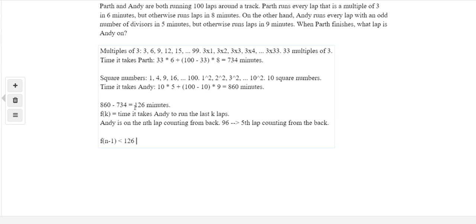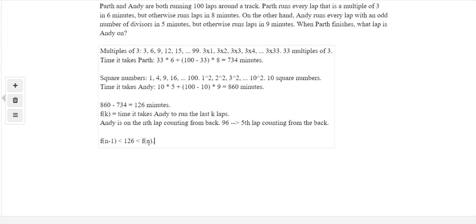And similarly, 126 is going to be less than f of n, because Andy has already run part of the nth lap. So from here, we want to find a value of n such that this equation is true.